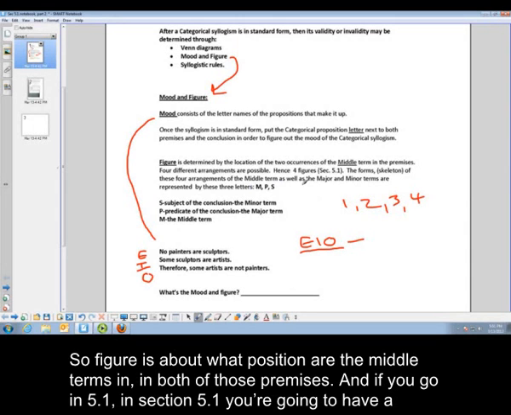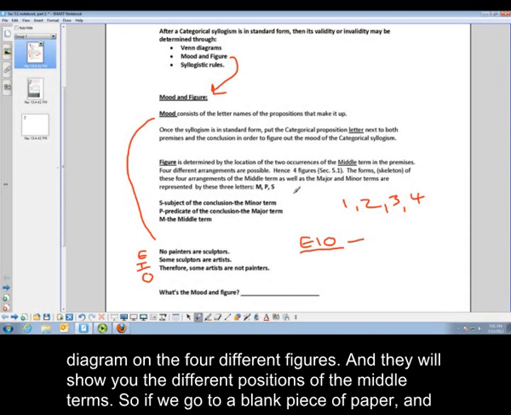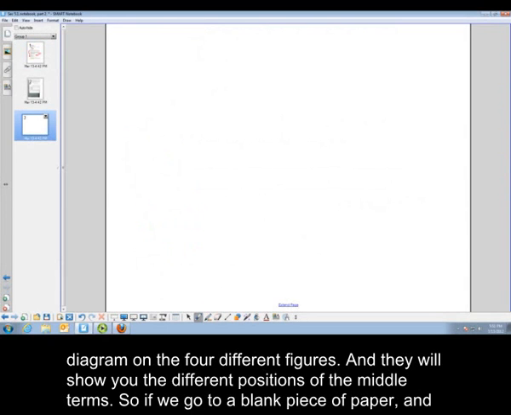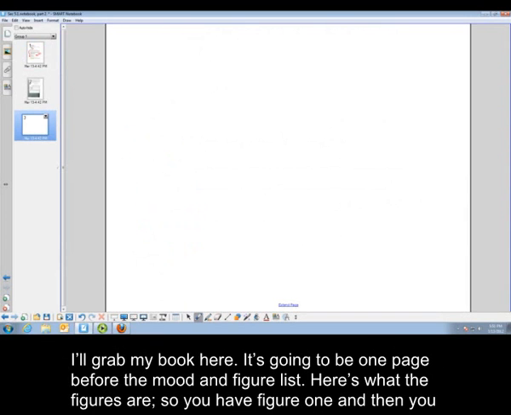In section 5.1, you're going to have a diagram of the 4 different figures, and they will show you the different positions of the middle terms. So if we go to a blank piece of paper here, and I'll grab my book, it's going to be 1 page before the mood and figure list. But here's what the figures are.